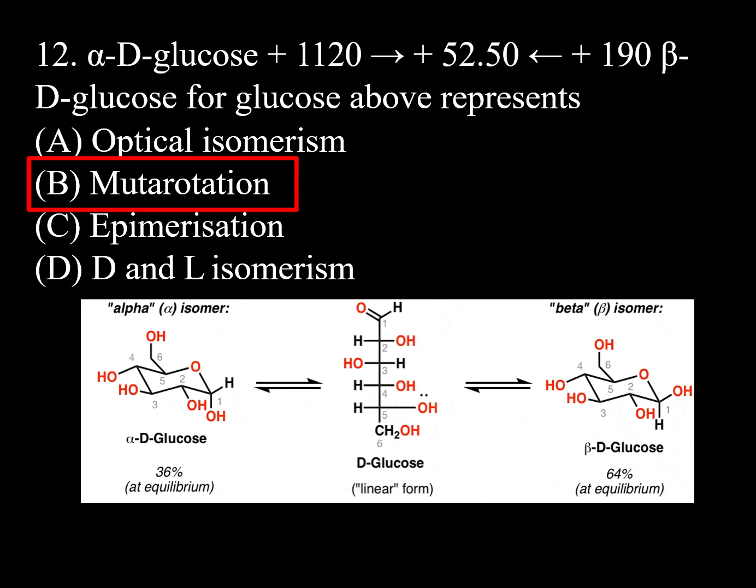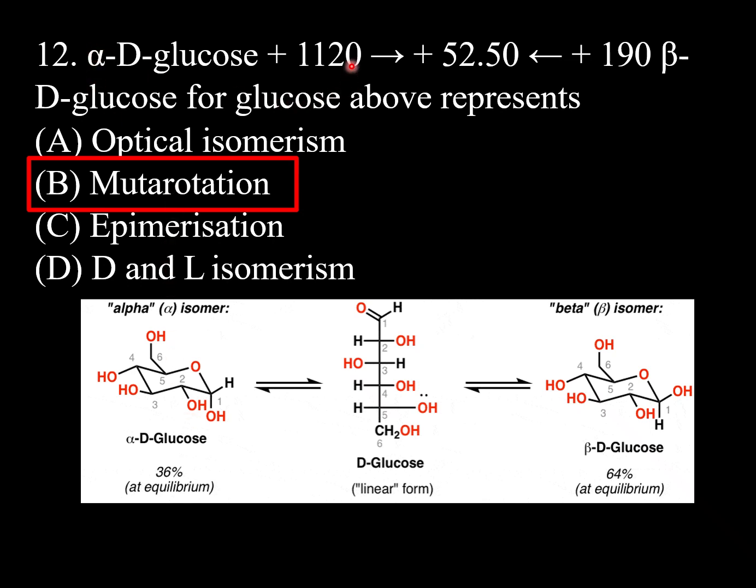As you see here in this question, there are some degree rotations. This is the linear form, and then when it becomes alpha, there is a variation in the angle, and when it becomes beta, it changes again. So this conversion from alpha to beta and from beta to alpha is known as mutarotation.